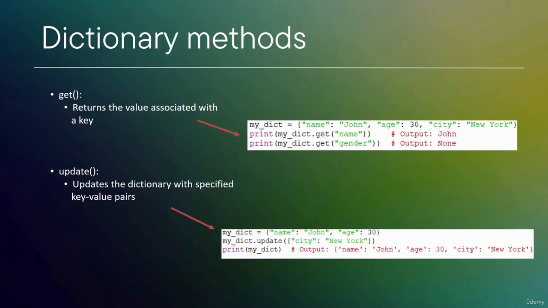Then we have the get method. It returns the value associated with a particular key. If we do not have the key that we want the value of, it will simply return None. And then we have the update method, which helps us update a dictionary, add new key value pairs, or even update the existing ones.